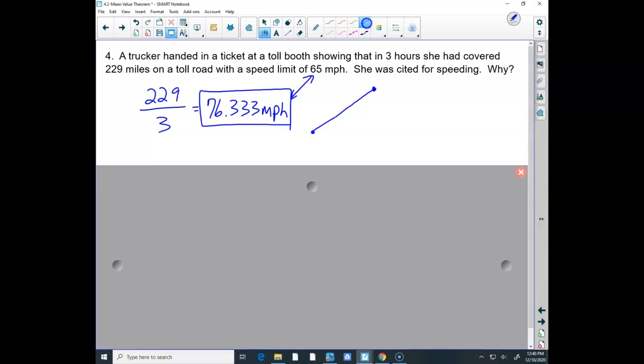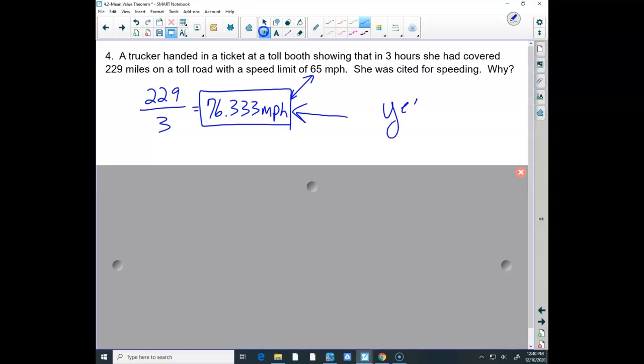It was continuous, okay? Is she differentiable? Meaning, can she instantaneously change her speed, change her rate of change, or does her rate of change need to increase smoothly as she accelerates the truck? Well, of course it's got to be smooth. She's differentiable. Therefore, this problem, we know the function modeled by it would be continuous and differentiable. Average rate of change was 76.33.